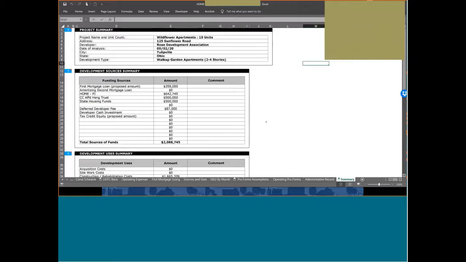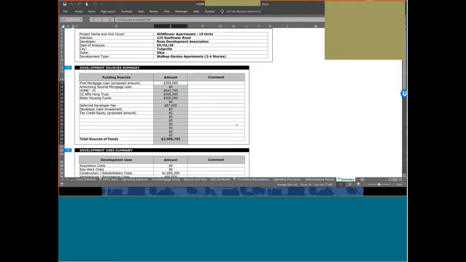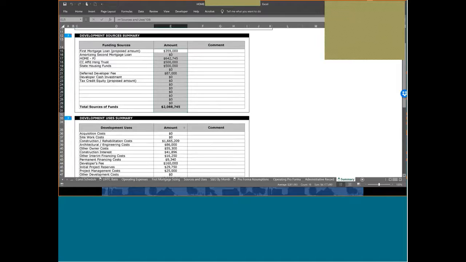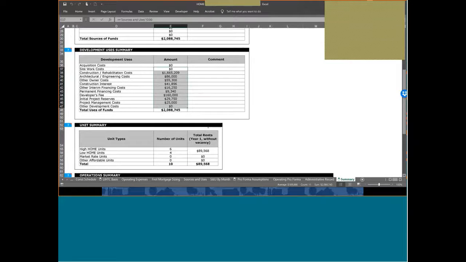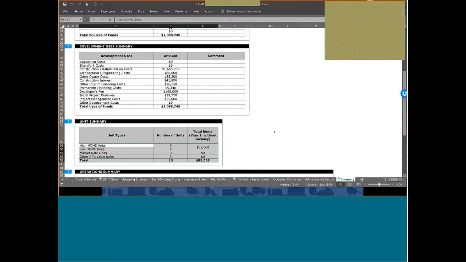There are no inputs on the summary worksheet, but it does pull forward and represent on one page what the property is, what your sources are in the final determination, what your final concluded uses are, where your high and low home units are.